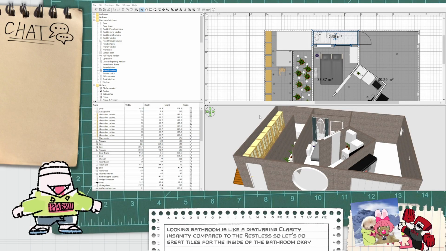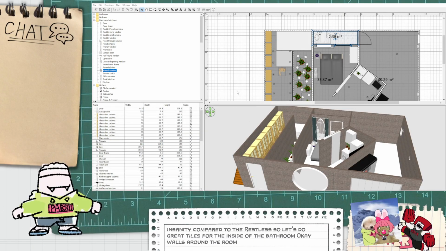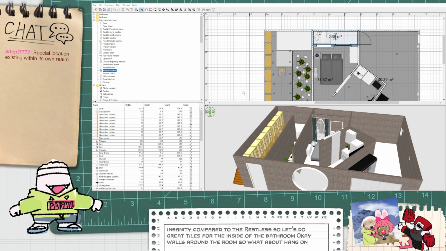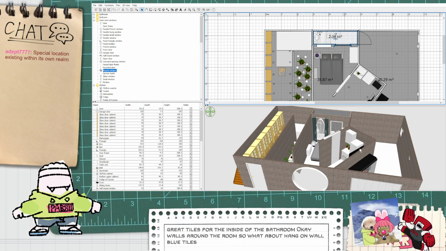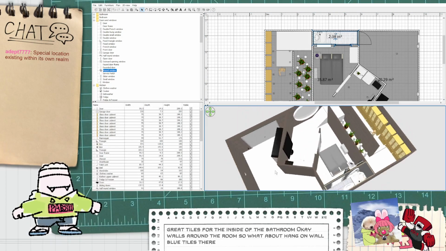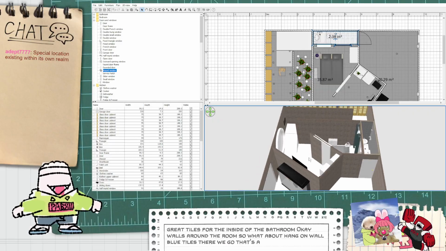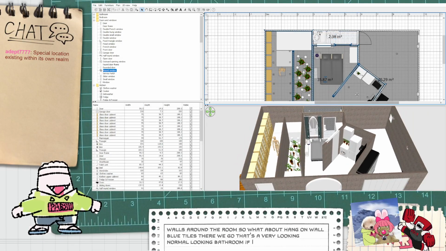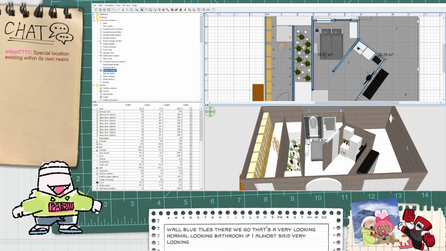Okay, walls around the room. So what about, hang on, wall blue tiles. There we go. That's a very normal looking bathroom.